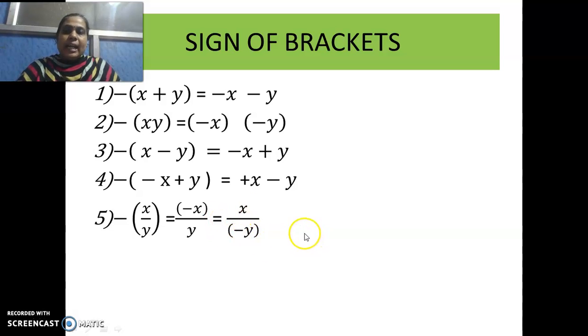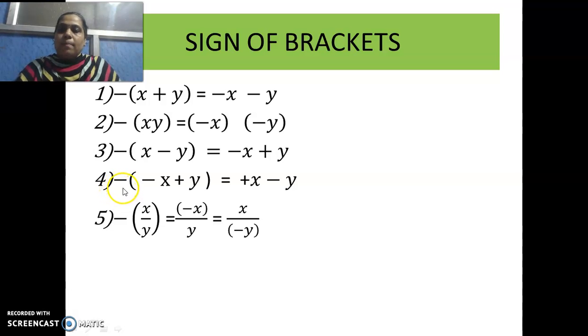So in detail we revise all these things again. If a minus sign is outside the bracket and x plus y is inside, then both signs will be changed. Second, if multiplication is there and a minus sign is outside the bracket, then both variables become negative. If a minus sign is outside the bracket and x minus y, a subtraction, is inside, then the first variable goes to negative but the second variable goes to positive.